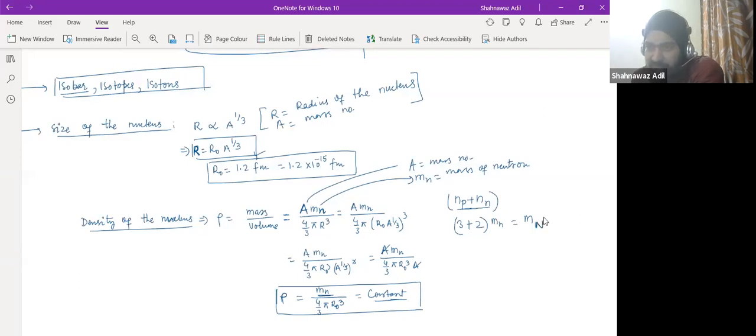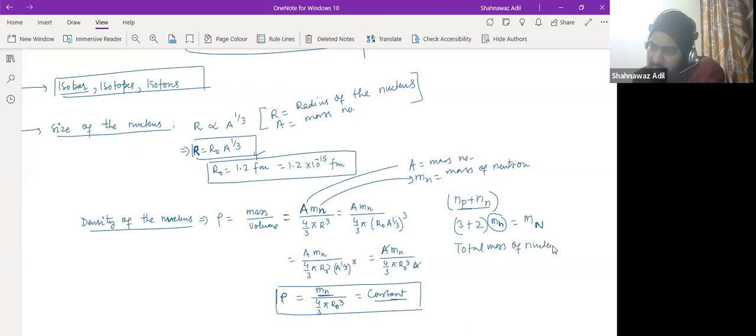So that is how we calculate the mass of the nucleus. We have approximated it with the neutron because the mass of the neutron and the mass of the proton are near.